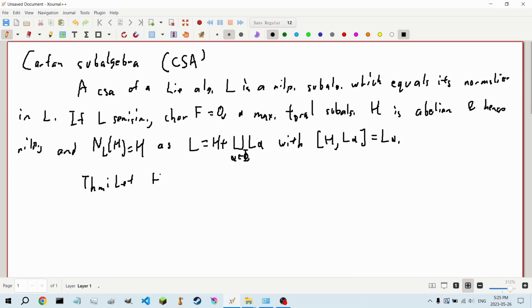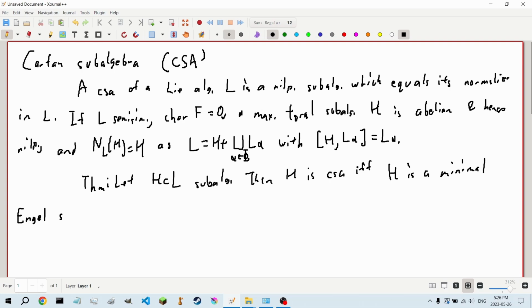We can let H be a subalgebra of L. Then H is a Cartan subalgebra if and only if H is a minimal Engel subalgebra. Let's look at the proof.